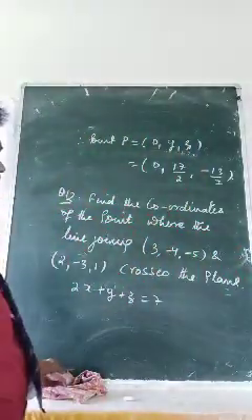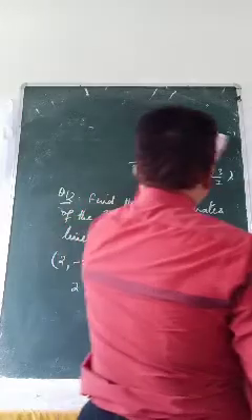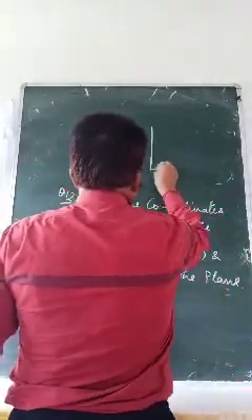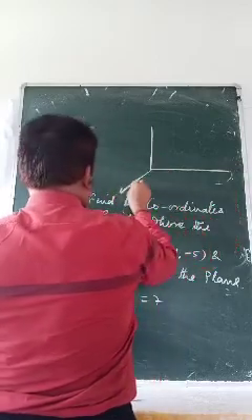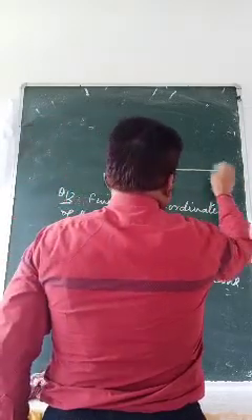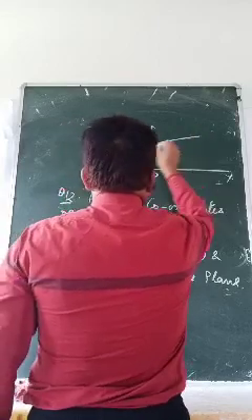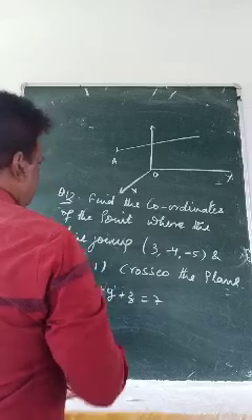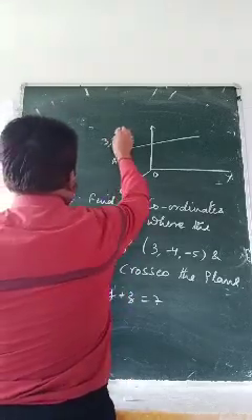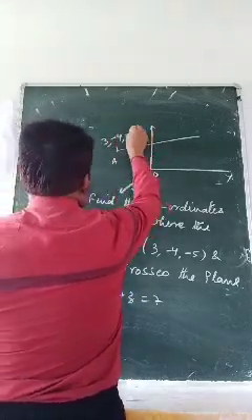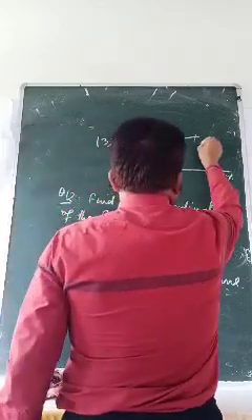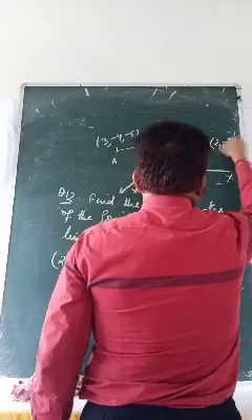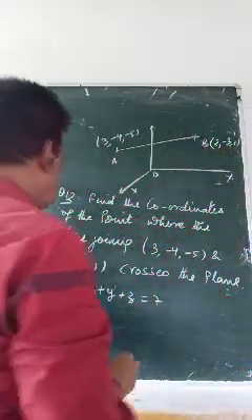Here a plane is given, so the situation is like this. Suppose any point is A here, that is (3, -4, -5). B is another point here, (2, -3, 1). This crosses the plane.